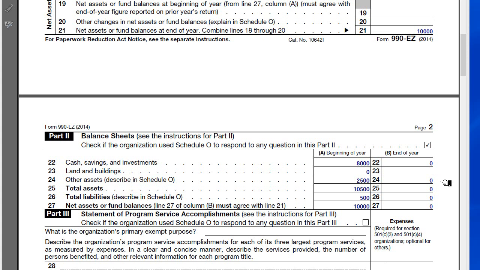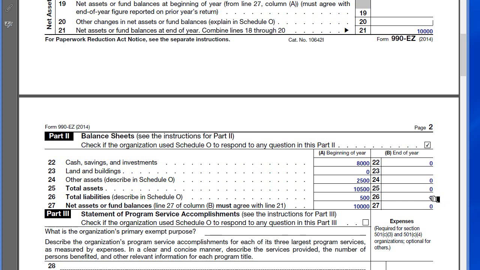So what can we say about the end of the year balances in the following year? Well, we know cash is probably going to be different because that's going to be affected by your income and your expenses in the next year. Your other assets are probably going to be different because you may have purchased some additional equipment. You may have some accumulated depreciation in there. So your total assets will likely be different. You probably will have either charged more on your credit card or paid off part or all of it, so your total liabilities are going to be different.